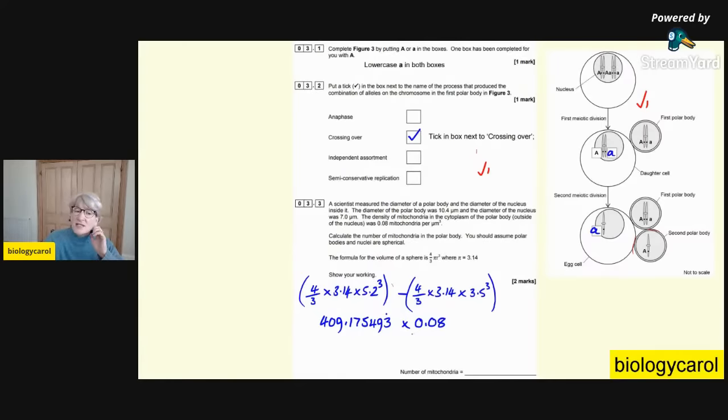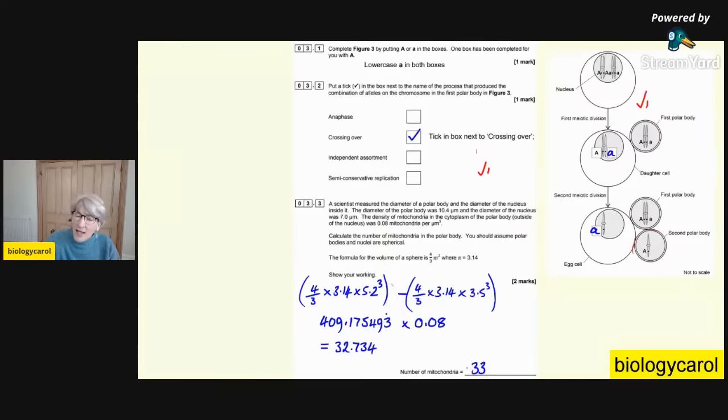And notice, this number here is the number of micrometers cubed of cytoplasm. And you are told that for every micrometer cubed of cytoplasm, there are 0.8 mitochondria. So does it make sense to work out the number of mitochondria? You times those two together to get this number here.